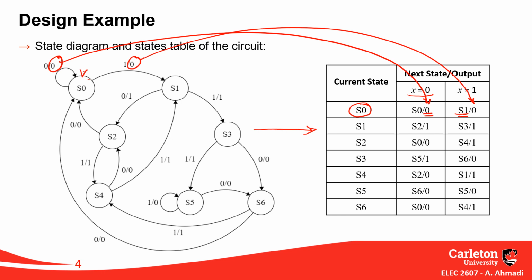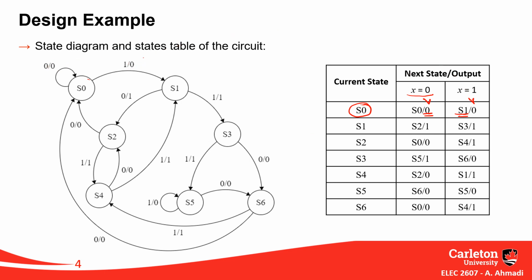So this is the other 0. And 1 after another 1, and any other state. So for instance, let's have a look at what we did for state 4. When we are at state 4, if we receive a 0, we go to state 2 here, and output will be 0, which is that 0.